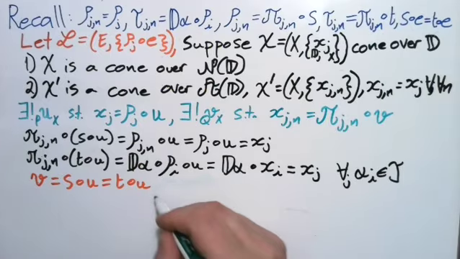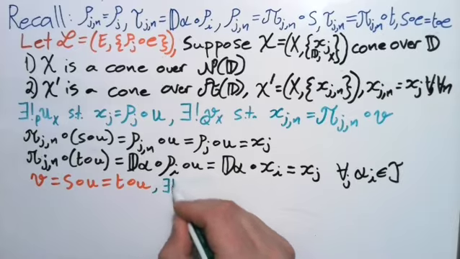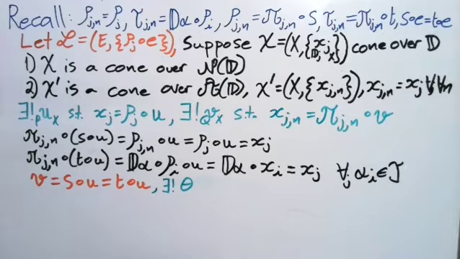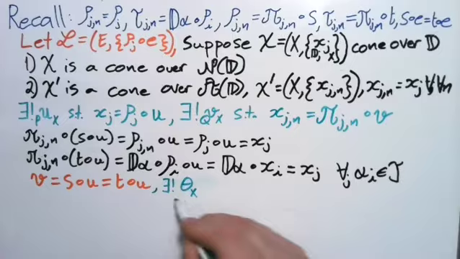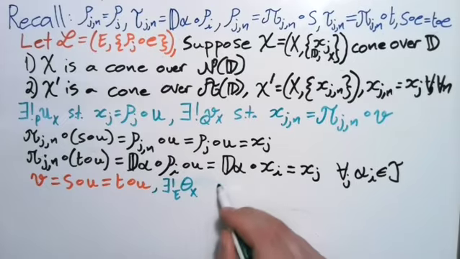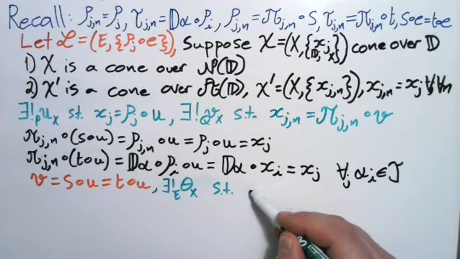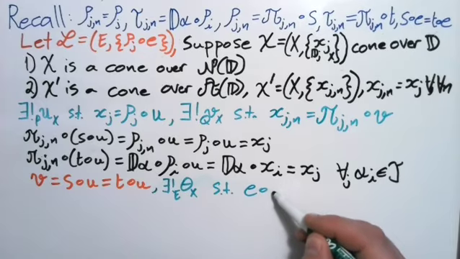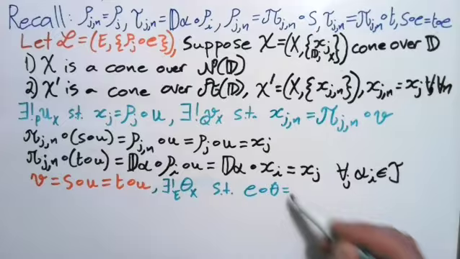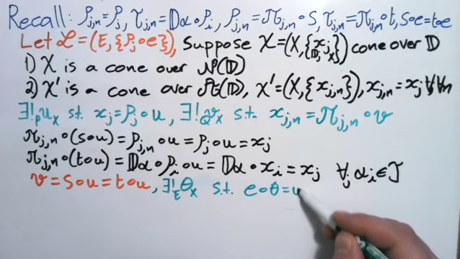So there's a unique mediating morphism theta going from X into E such that E after theta is equal to u.